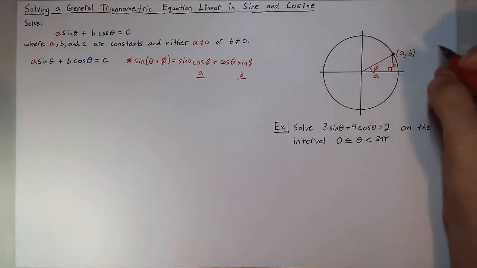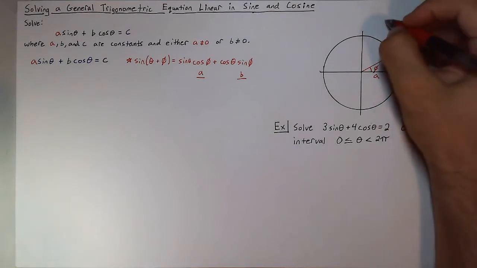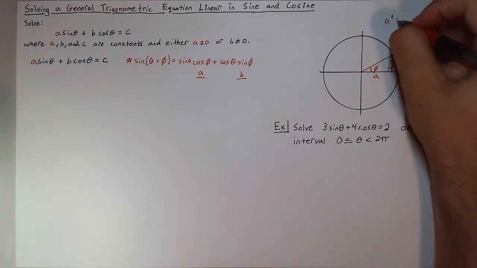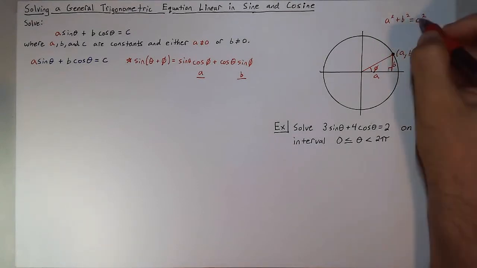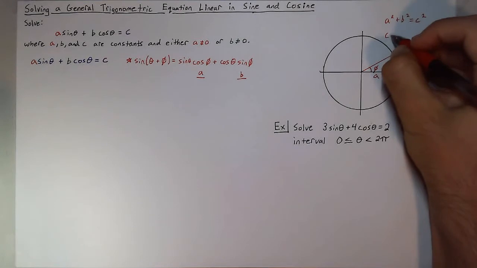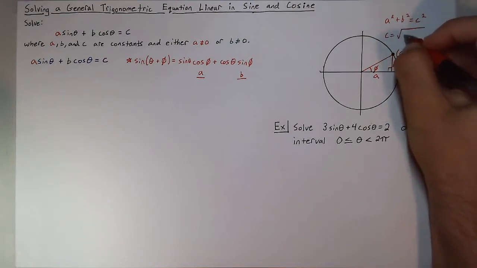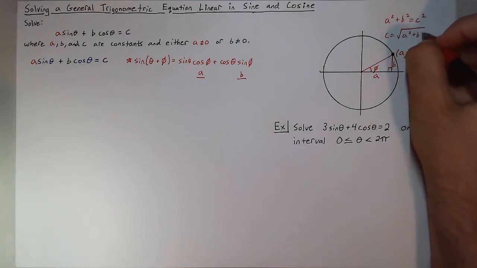Well, we just use Pythagorean theorem. So a squared plus b squared is equal to c squared. And just take the square root of both sides, and the hypotenuse is equal to the square root of a squared plus b squared.